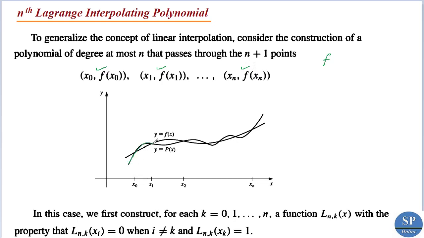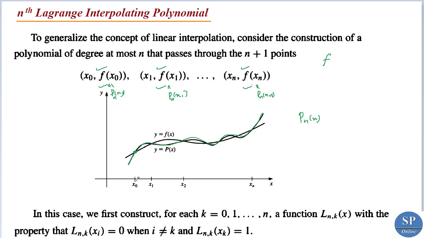That is, suppose this is the function y equal to f(x), and we have to find an nth degree polynomial Pn(x) which passes through these points. That means f(x0) is equal to Pn(x0), f(x1) is equal to Pn(x1), etc., f(xn) is equal to Pn(xn).